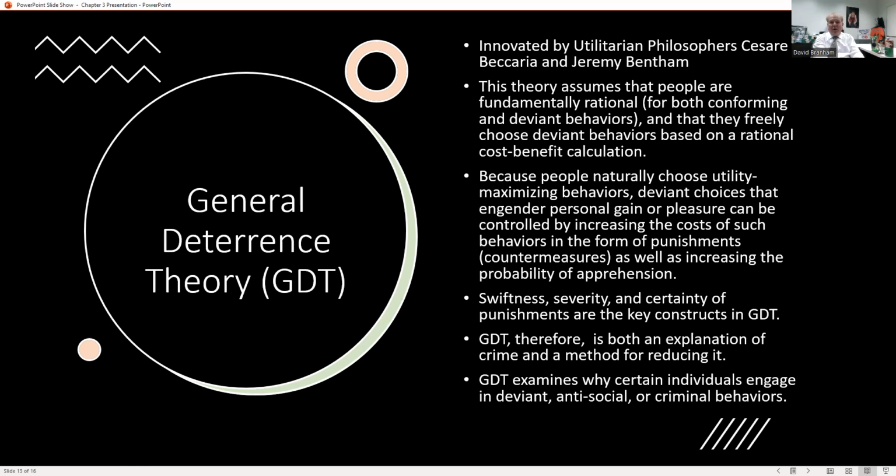That negative effect is a possibility, but the assumptions look to be true in most cases. That utilitarian theory works. If you punish people strongly for things, you have a death penalty, people will react to it and say, no, I'm not going to do that because they're going to kill me. So that's what the basis of this GDT theory is.